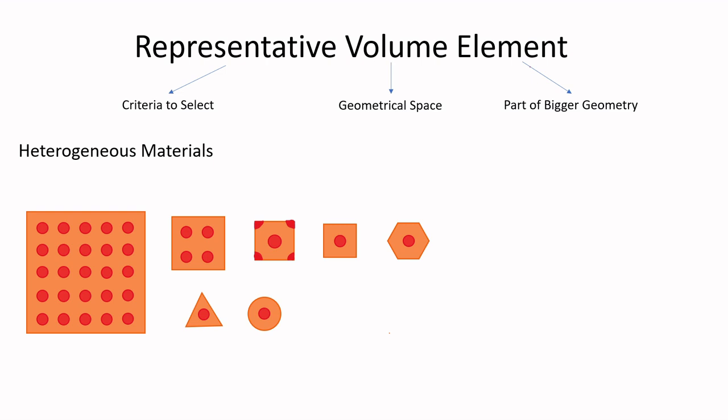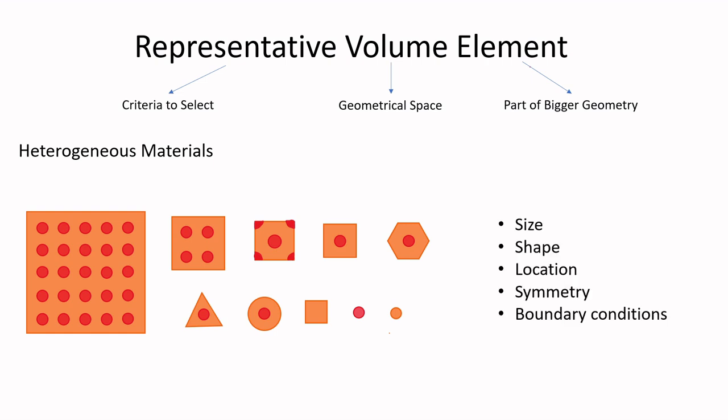Similarly, this geometry will also represent the material behavior, but they will not be repetitive. They cannot be placed against each other to make the whole fiber composite. And if we further reduce the size like this, then there could be dominance of the matrix properties or the fiber properties.